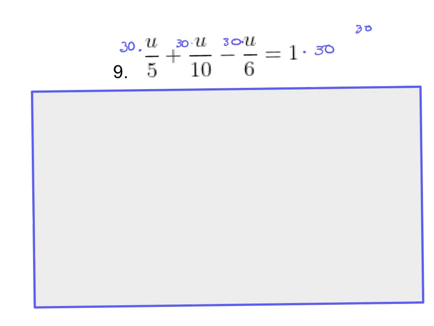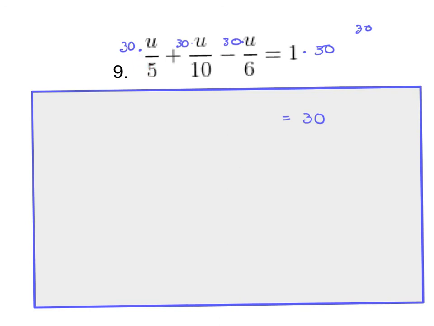So I've multiplied the left side by 30, which means each term times 30, and the right side times 30. Now the right side, the math is easy. I get 30.